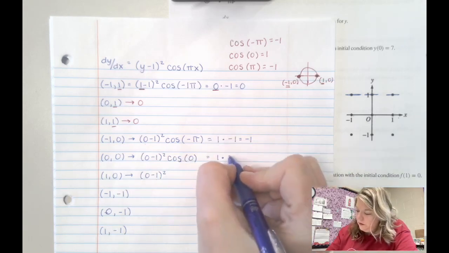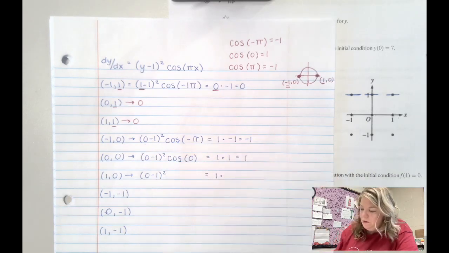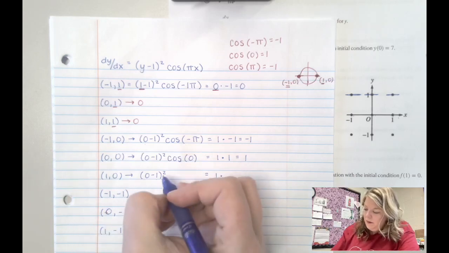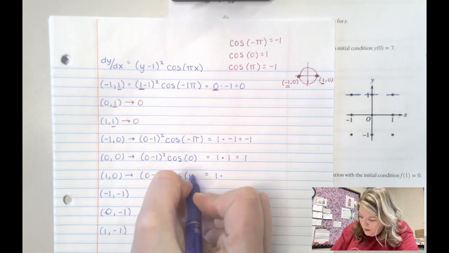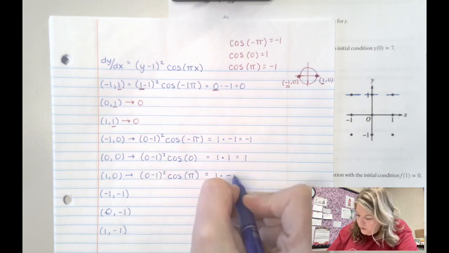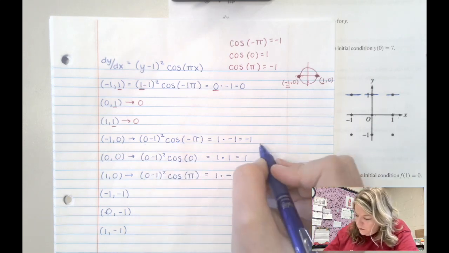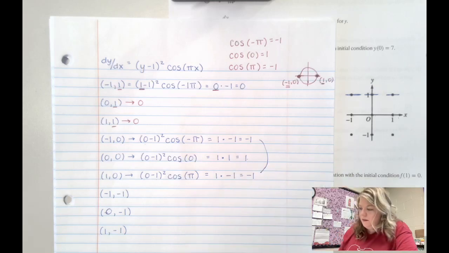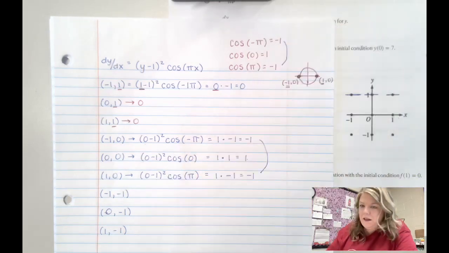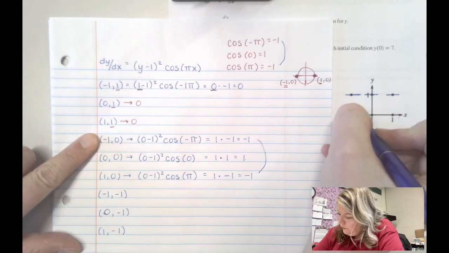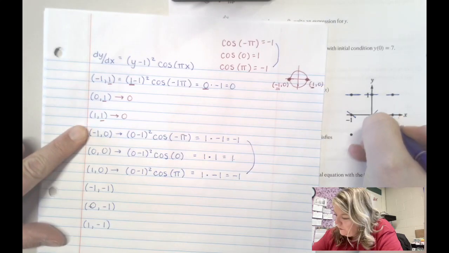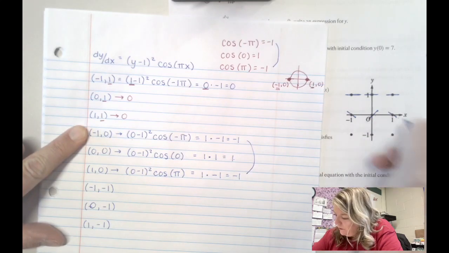Well, cosine of 0 is 1, and so this one's going to make a 1. This one will be cosine of 1 pi, which is also a negative 1. Okay, so these two are the same and this one's different, which you'll notice coincides with what's going on up here. Okay, so that's these 3 dots. I'm going to have a negative 1 and a positive 1 and a negative 1.